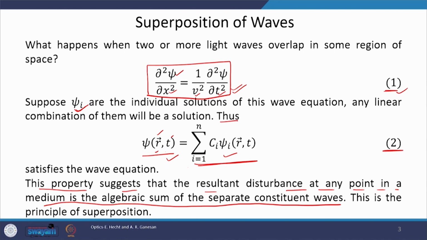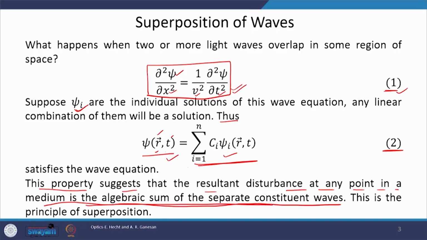Therefore, the resultant wave will be the algebraic sum of the two waves, and this is what is being said in these lines. And this is exactly the principle of superposition. If we have n number of waves which are propagating in a particular medium, and if they are overlapping in space and time both, then the resultant wave will be the algebraic sum of all these n number of waves.